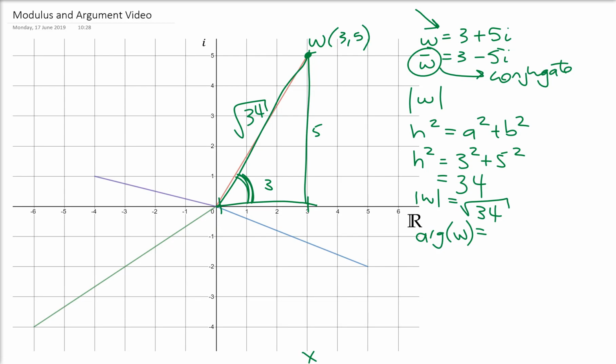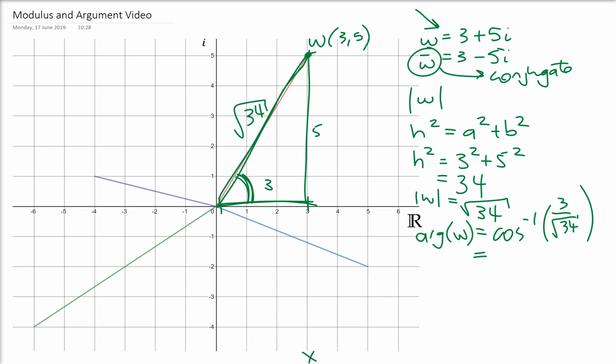Which one do we use from those that were here last week? Not tan, we use sine and cosine. So we take the arc cosine of the adjacent, 3, divided by the hypotenuse, root 34, and our calculator gives us an answer.